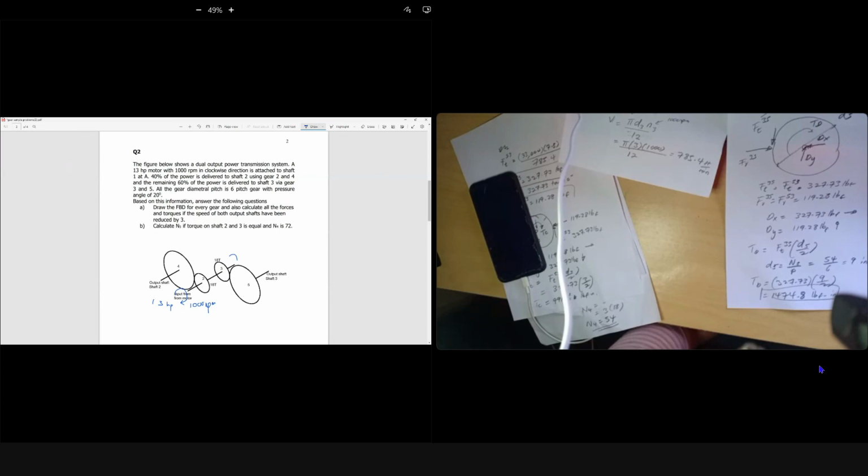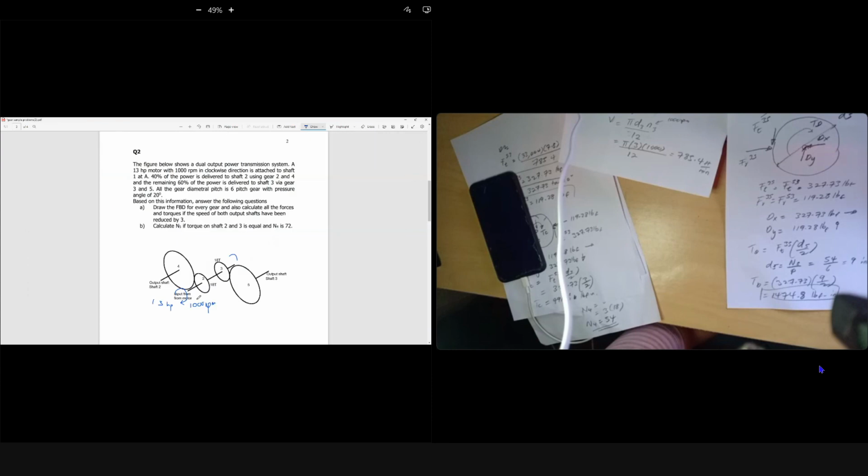But I don't understand why for the speed ratio you need to times the omega 2. Because the ratio is 18 over 72. 72 is the N4, and the ratio 18 over N5 times your omega 2, because omega 2 is the input speed.